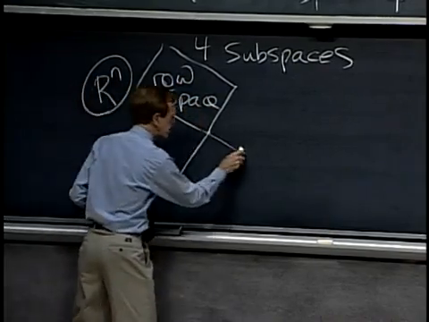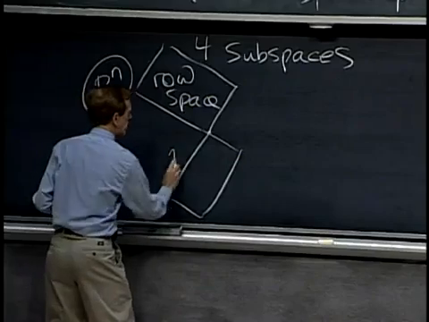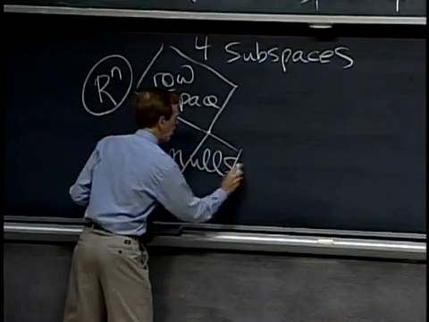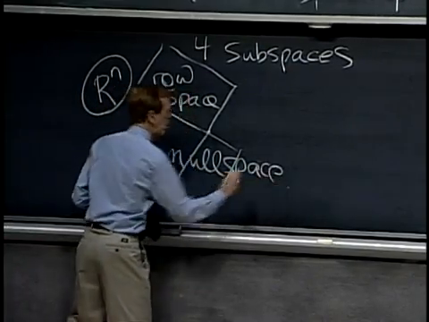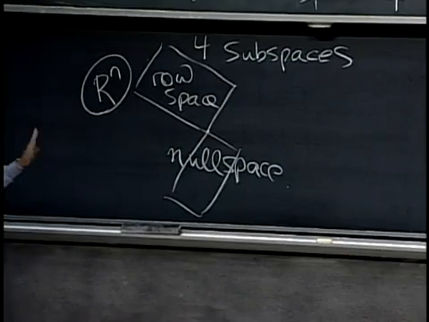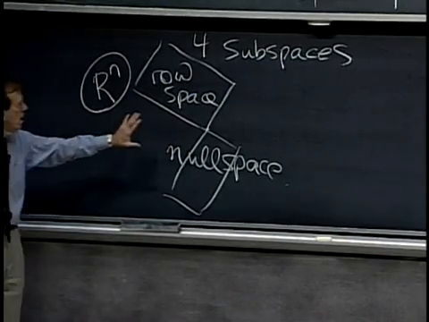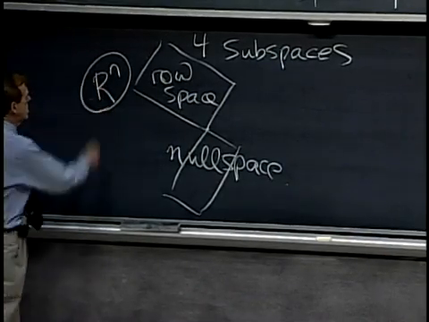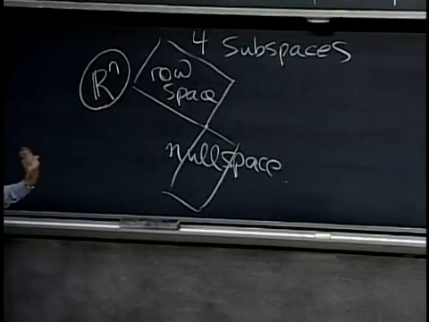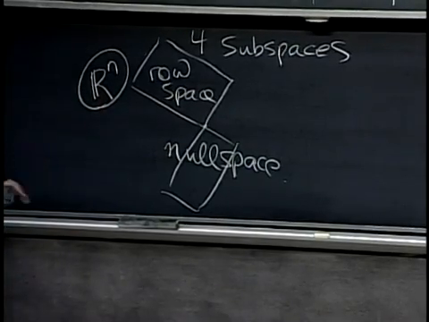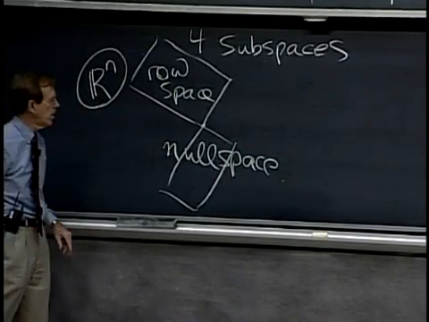And can I make this kind of picture of the null space? That's just meant to be a sketch, to remind you that they're in this, what type of vectors are in it? Vectors with n components.